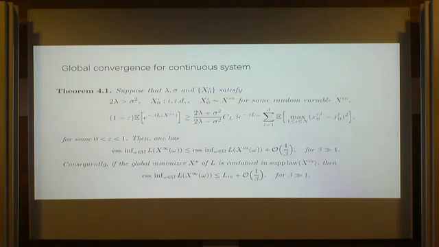You also need some condition on the initial data, which basically means that among the n particles, some particles need to be in the valley where the global minimum sits. Then we can show this limit is bounded by the global minimum plus 1 over beta.